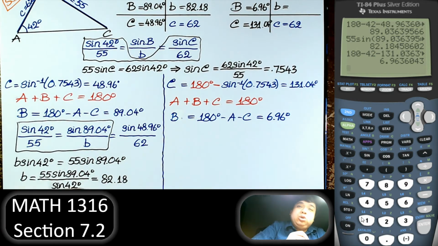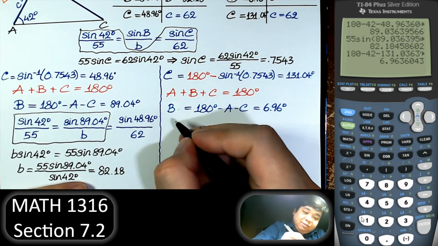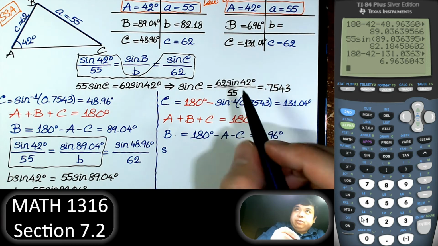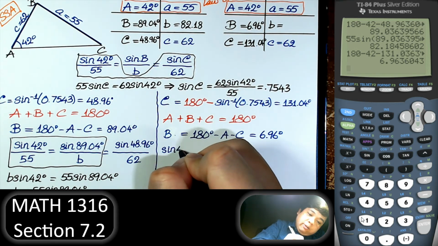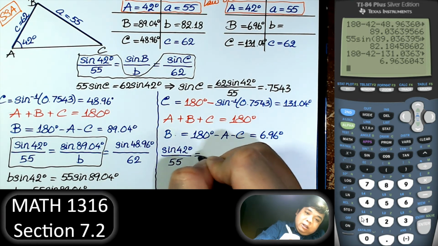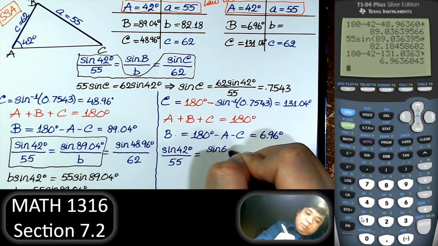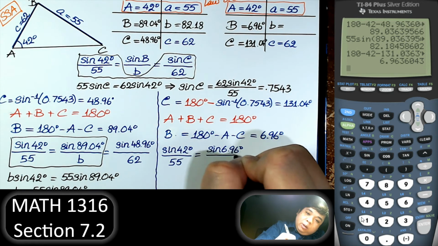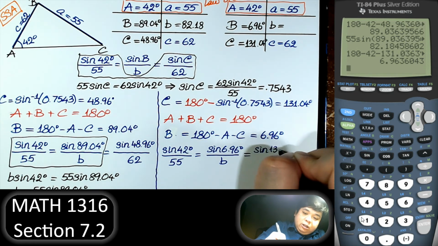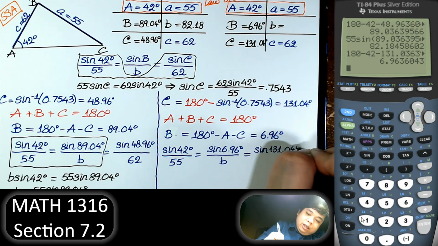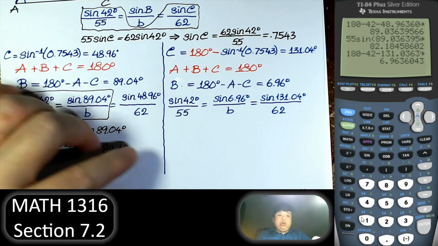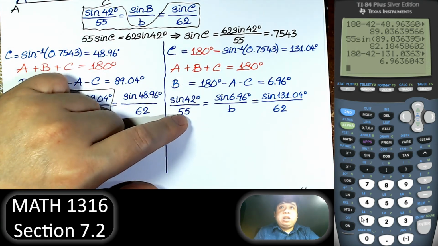And now use the law of sine again for that table. Sine of 42 degrees over 55, sine of 6.96 degrees over B, which we don't know, sine of 131.04 degrees over C of 62. Right. I will use the first ratio because those two numbers are given.